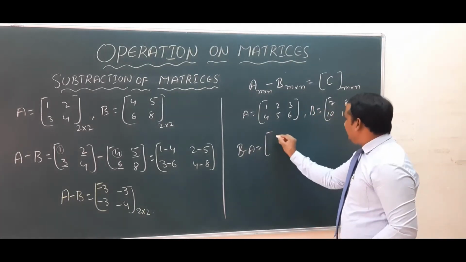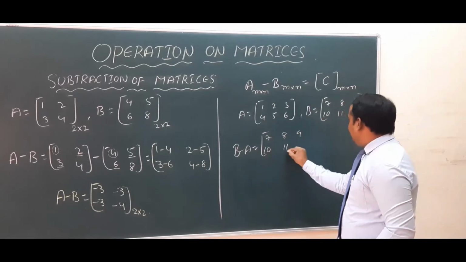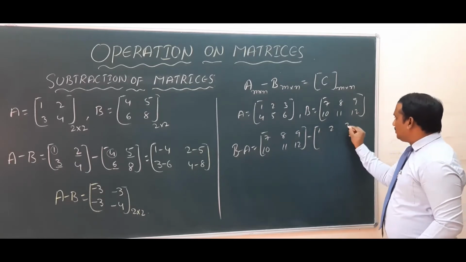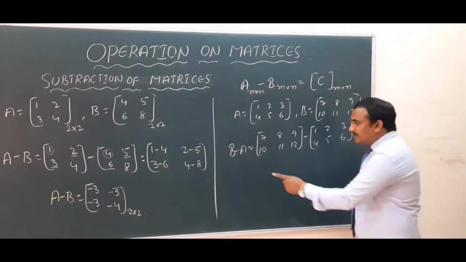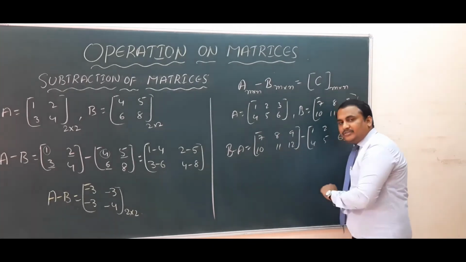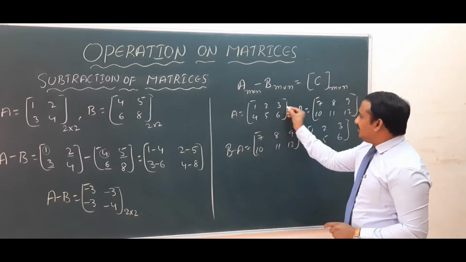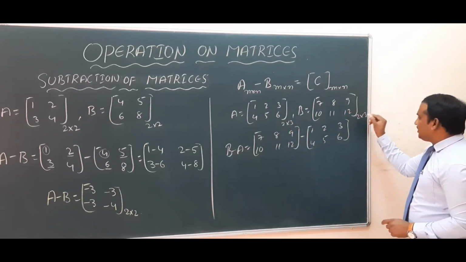What is the B matrix here? 7, 8, 9, 10, 11, 12 minus 1, 2, 3, 4, 5, 6. When subtracting two matrices, always check the order of the matrix. What is the order here? A matrix order is 2 rows 3 columns. B matrix order is 2 rows 3 columns.